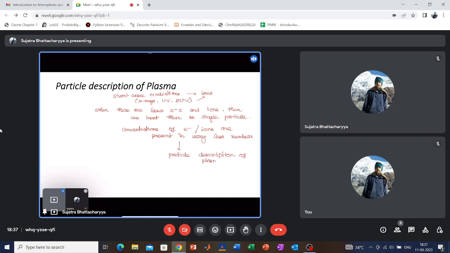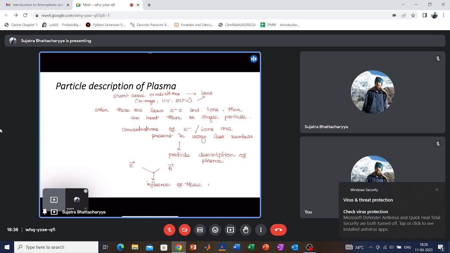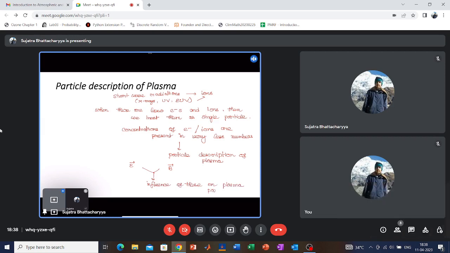So in this particle description, what we will do is apply an electric field, apply some magnetic field in a particular direction and see what will be the influence of this on plasma particles. And these plasma particles are nothing but electrons and ions. This is what our plan is to see.